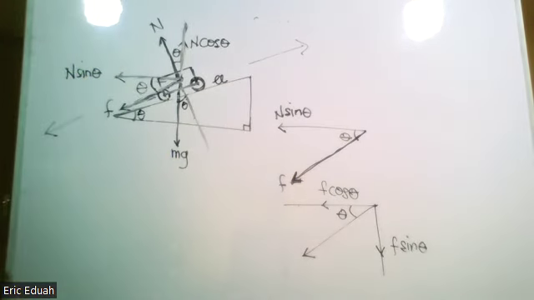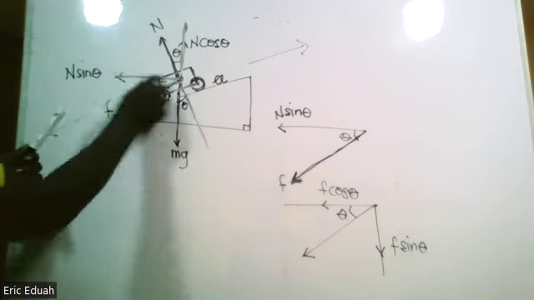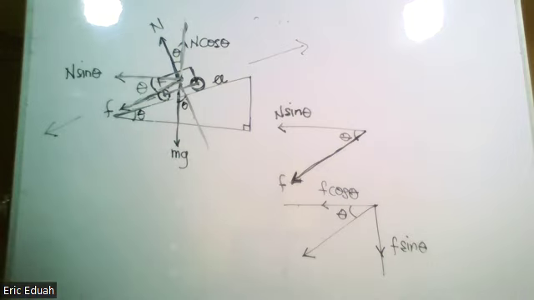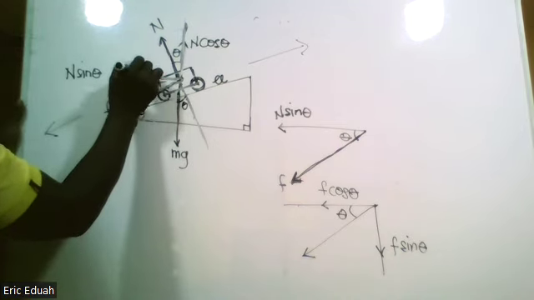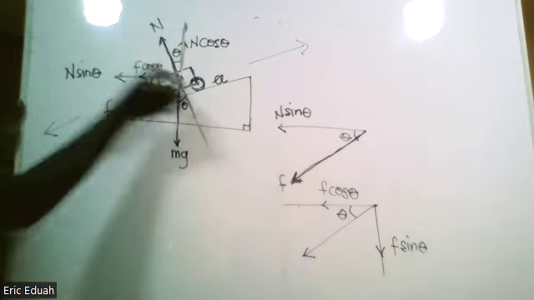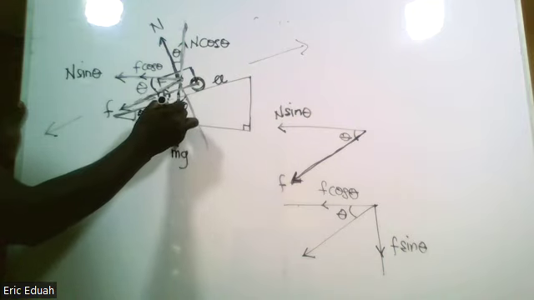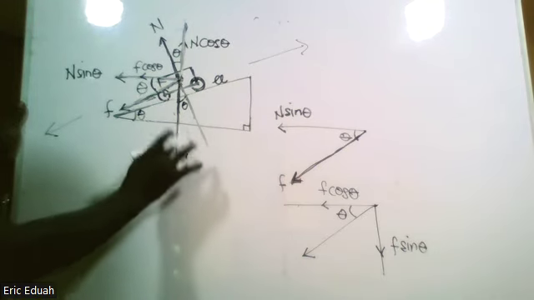Are you okay? No, please. It's like you just labeled the one on top as N sin theta, and this one is F cos theta. I'm a bit confused. Because the friction is tilted at an angle to this horizontal, the reason for which we are resolving it into horizontal and then vertical components. So we have F cos theta along this reference line, and we have this component, which we are also bringing along this vertical because of the equal vector rule.